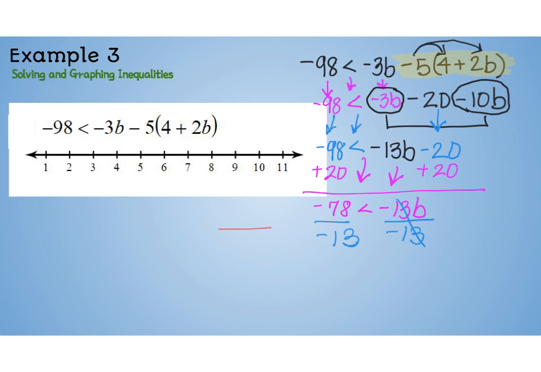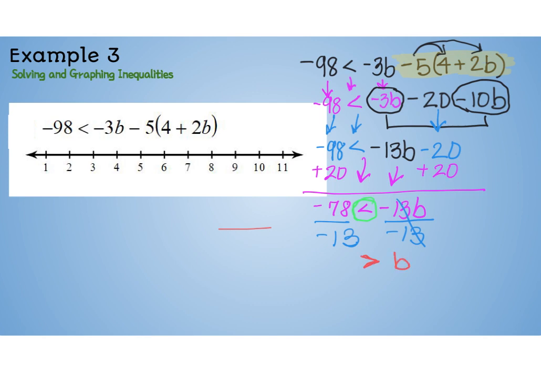Remember, the rule told us that every time you multiply or divide by a negative, you got to flip it, flip it, flip it. You got to flip that sign, right? So now this inequality symbol is going to flip in the other direction.